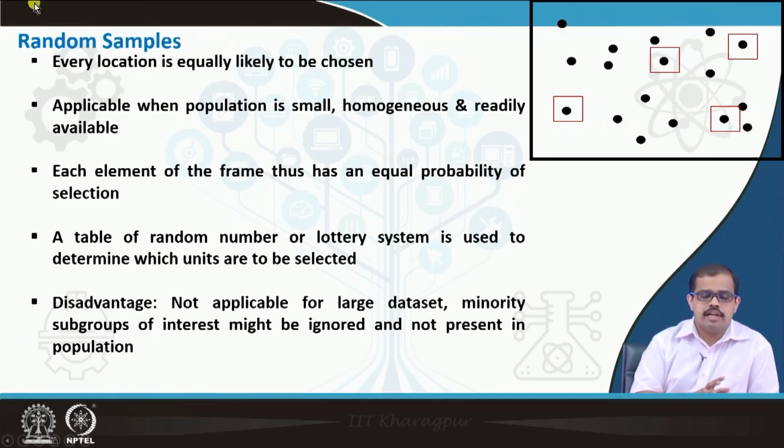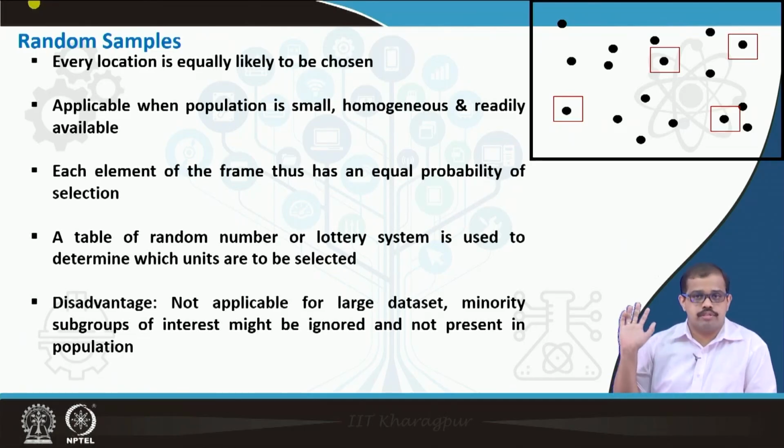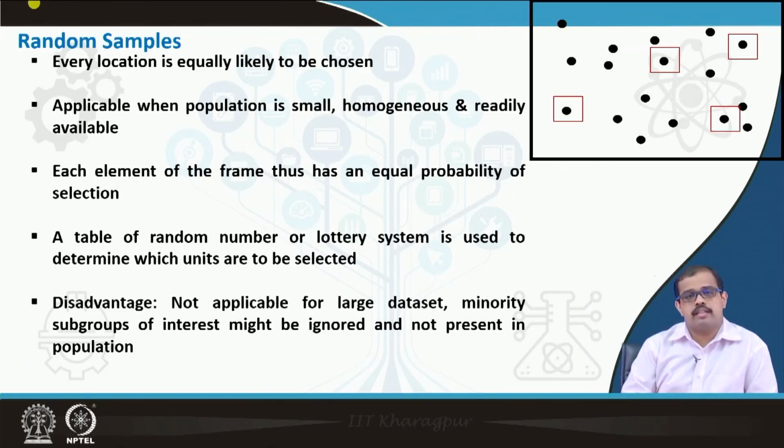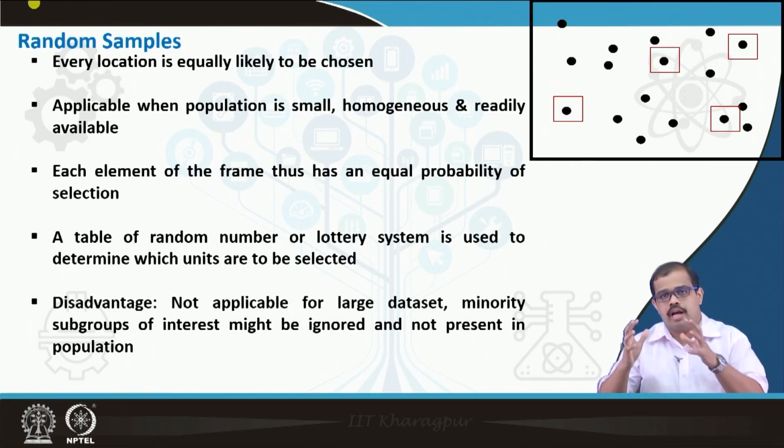For example, the first is random sampling. Every location is equally likely to be chosen. So you can go to any location in the entire Kolkata region, take a sample and populate it. This kind of sampling can be done when your data set is small and it is extremely homogeneous.